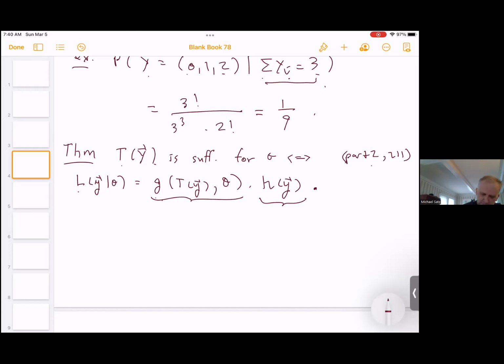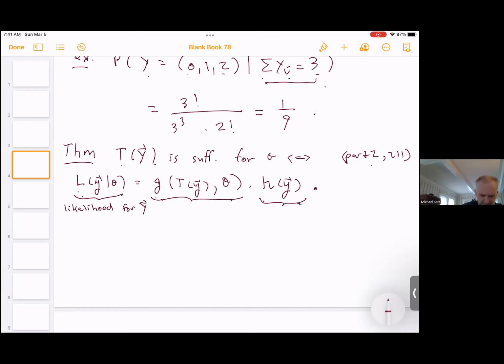Okay, so in other words, the factor that has the parameter in it can see y only through the sufficient statistic, whereas the other factor does not include the parameter, but it can be general in terms of little y. This notation here is just called the likelihood for y, and we'll see it for the rest of the course now.